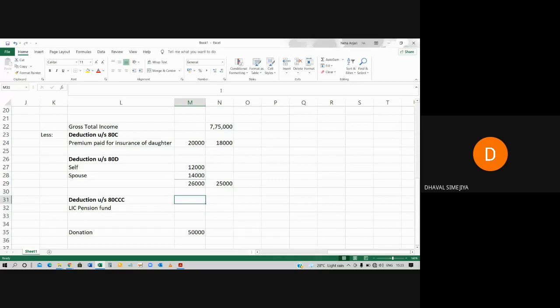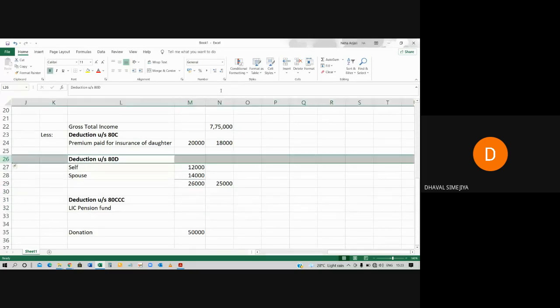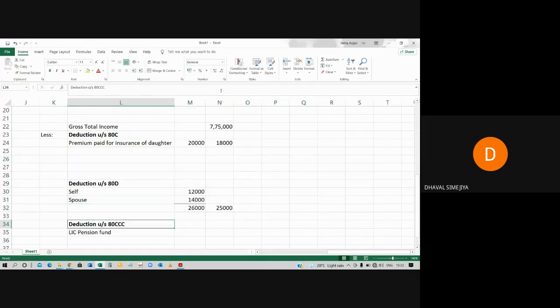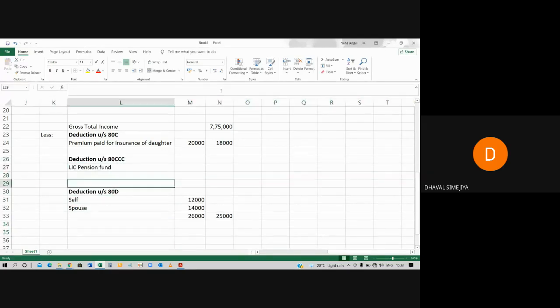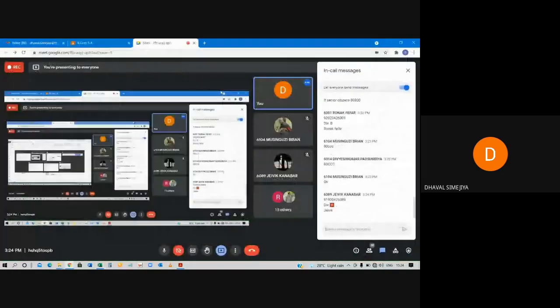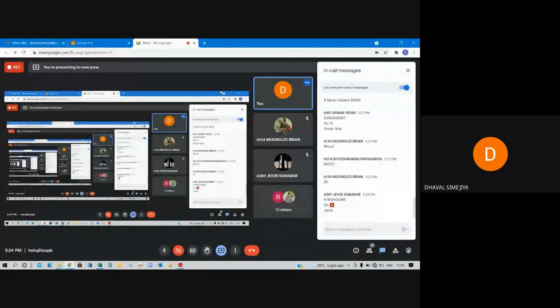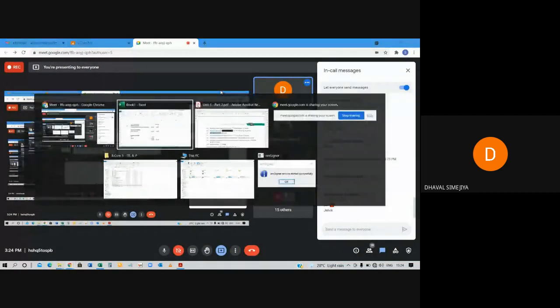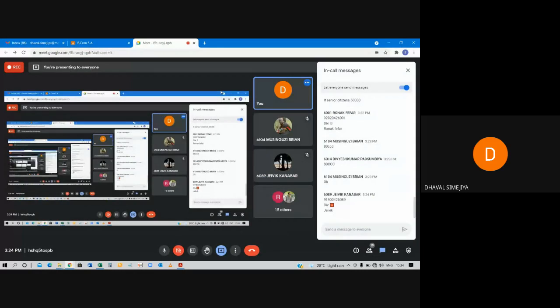So let's write it in the upper side so we can calculate the limit also. Right now it is 60,000, so we are writing 60,000 in the outer column.